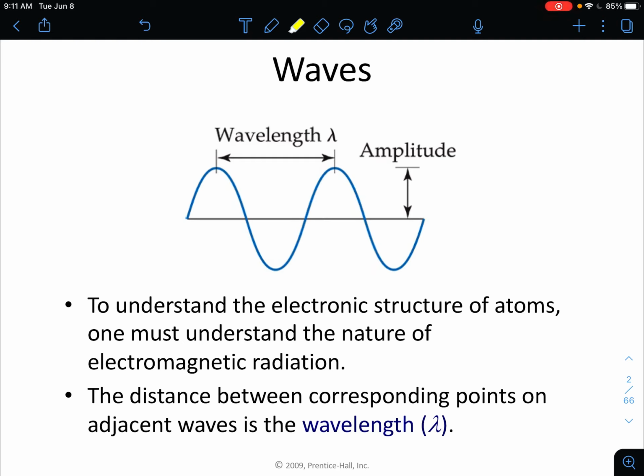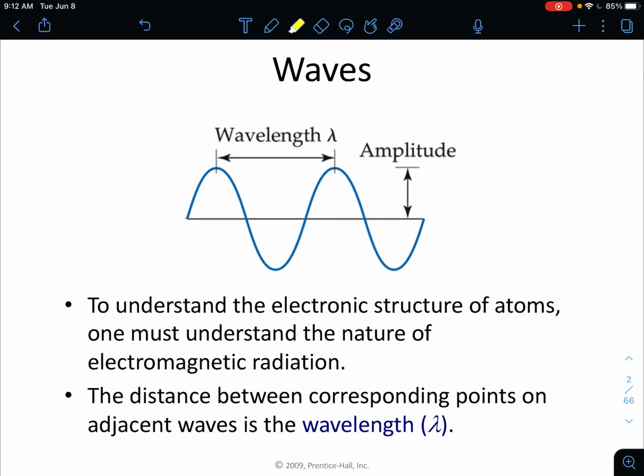The first is that the electronic structure of atoms was further probed, and we got a better understanding of what's going on, by observing how light, electromagnetic radiation, interacts with atoms and molecules. If the interaction between light and matter helps us understand the true behavior of matter, then we should start by having a good picture of how light is actually behaving when it interacts with matter.